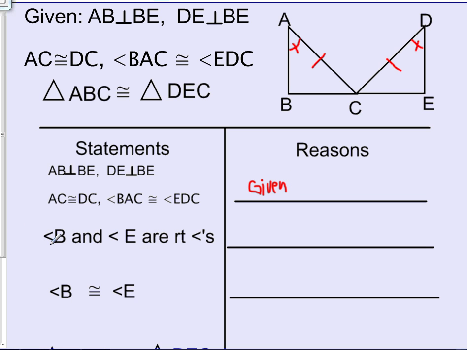All right, and then it says that angle B and angle E are right angles. All right, now we get this particular statement from this one up here, and I'm sure you've already figured out the reason for this is because all perpendicular lines create right angles. So we could actually say it's the definition of a perpendicular line, okay?